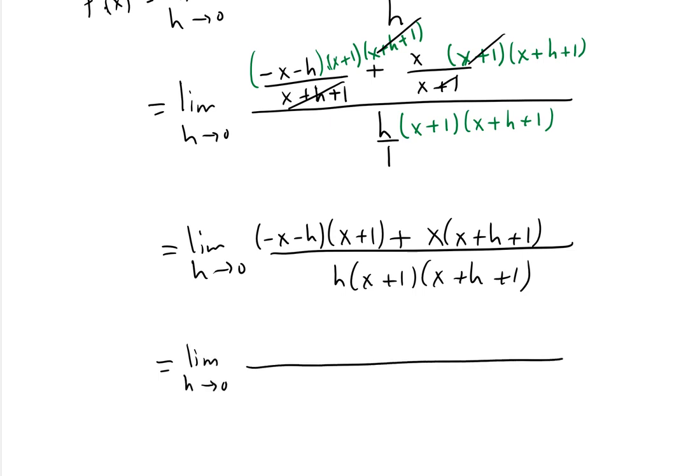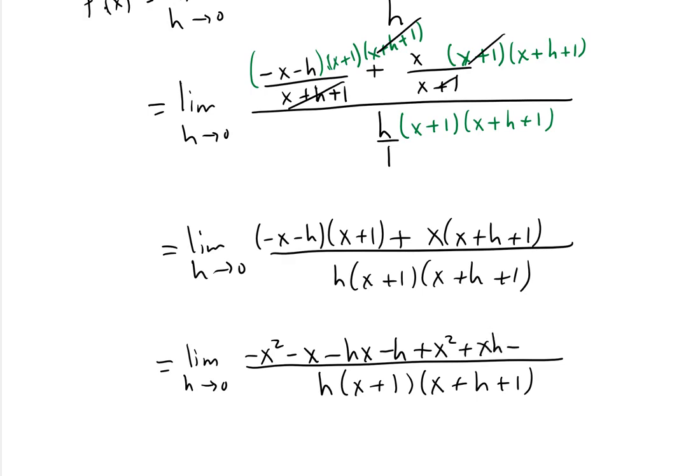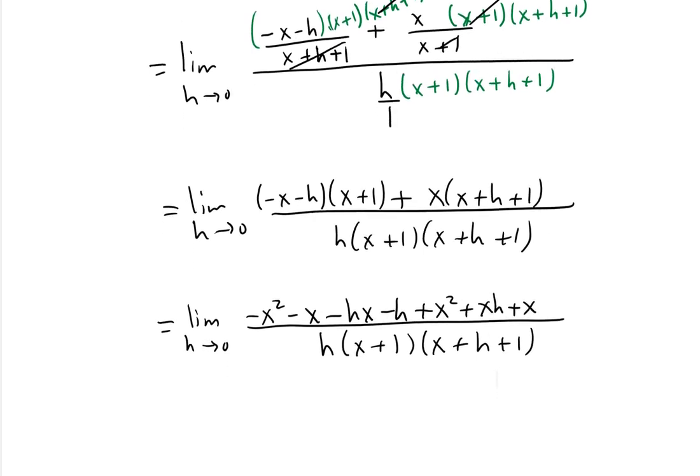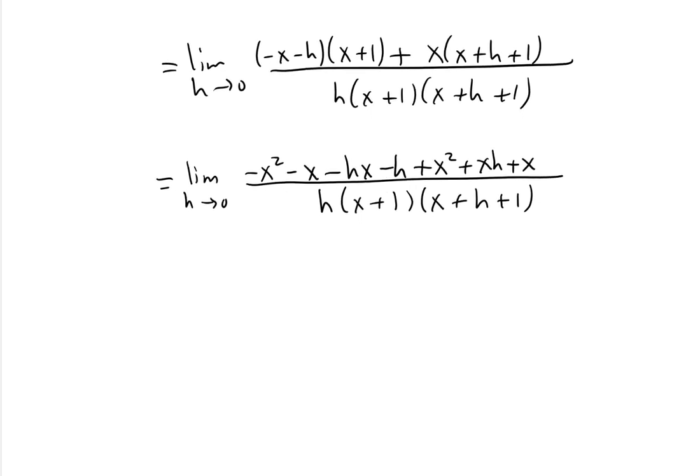Now we always keep this denominator the same, and then the numerator we multiply it out. Negative x squared minus x minus hx minus h plus x squared plus xh plus x. So I distributed everything.